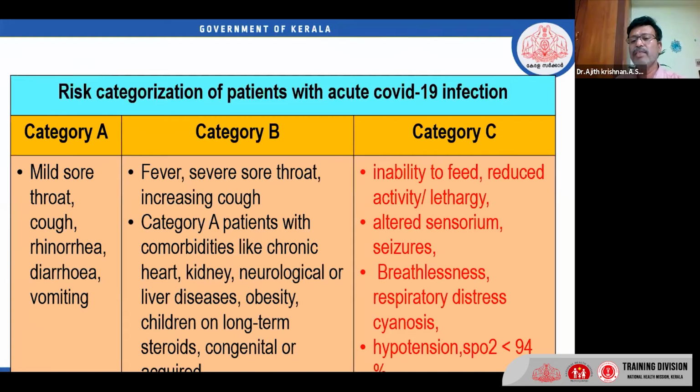So they can present with respiratory manifestation, circulatory dysfunction, neurological dysfunction, or any non-specific symptoms. So you have to be familiar with these things.